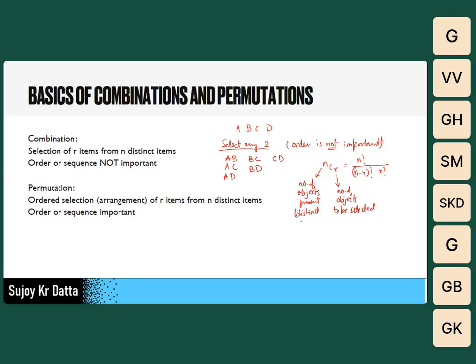One thing you have to ensure is the objects must be distinct objects. You cannot have any repeated objects. Identical objects are not allowed. In that case, nCr does not hold.